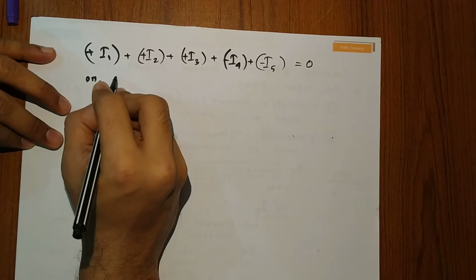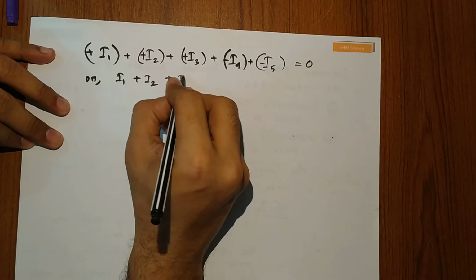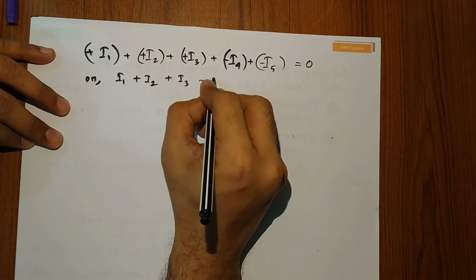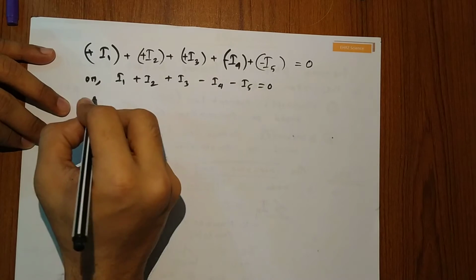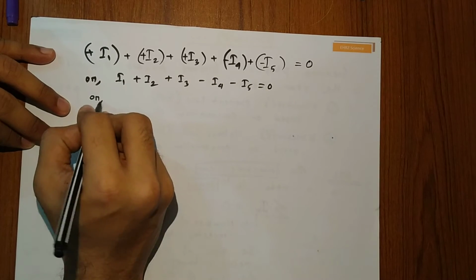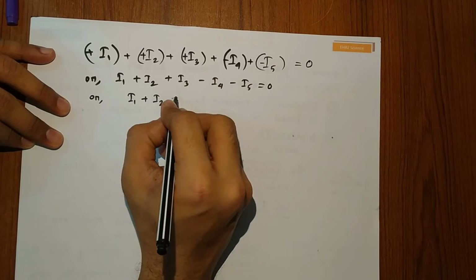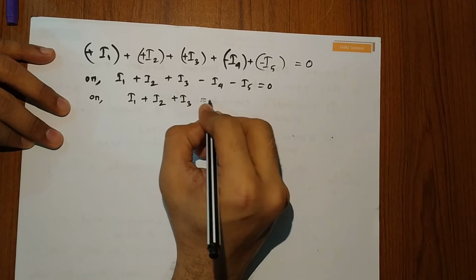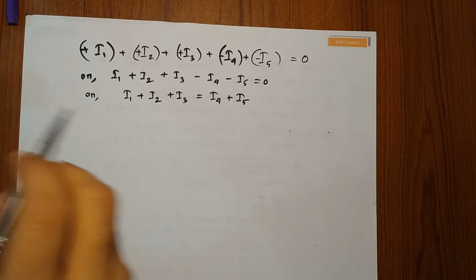Or see, I1 plus I2 plus I3 minus I4 minus I5 is equal to 0, or I1 plus I2 plus I3 is equal to I4 plus I5.